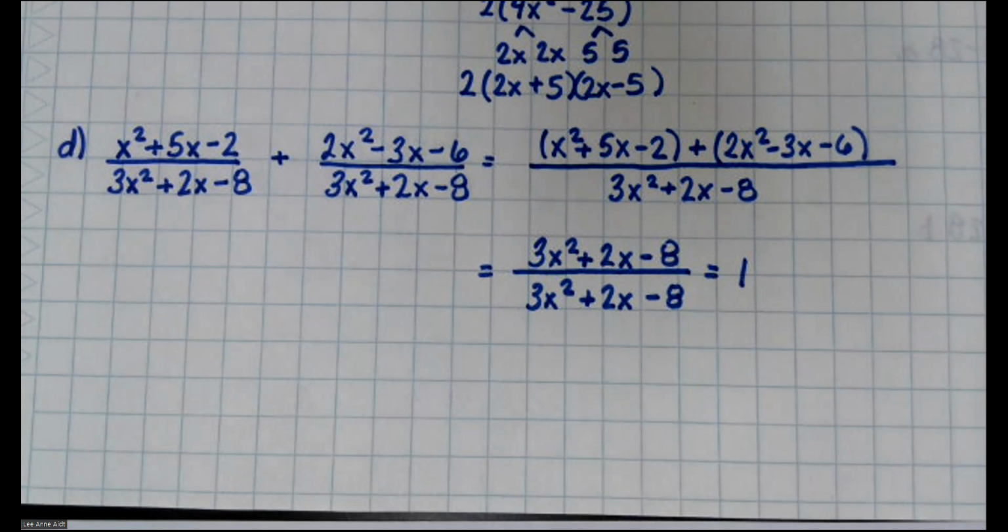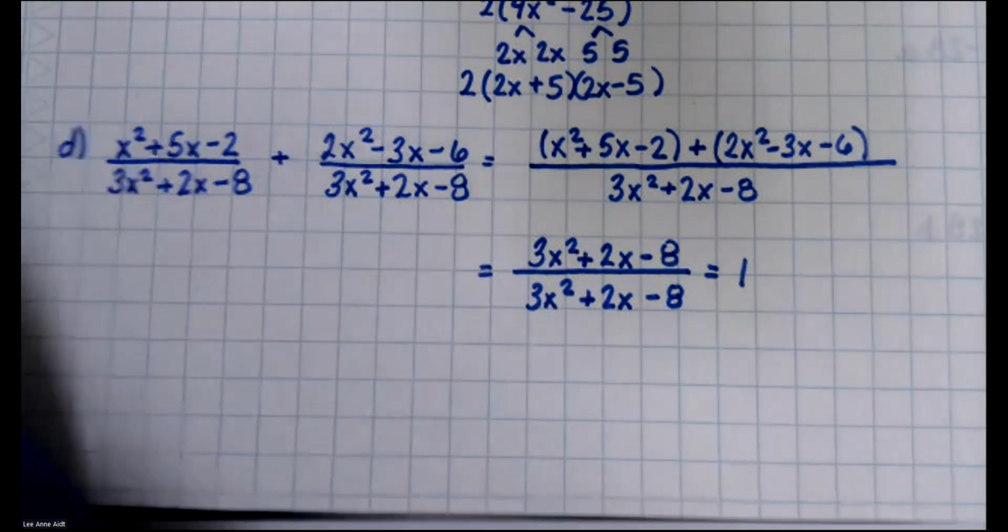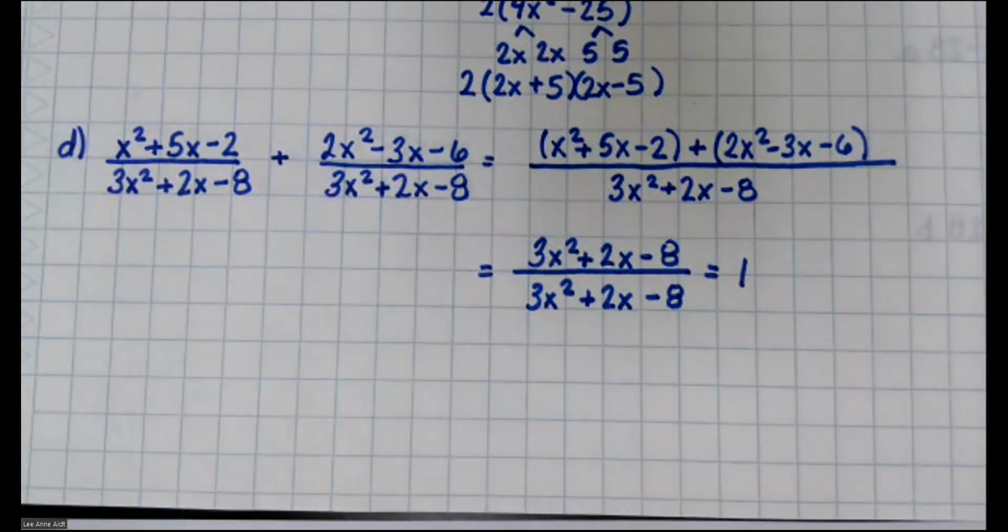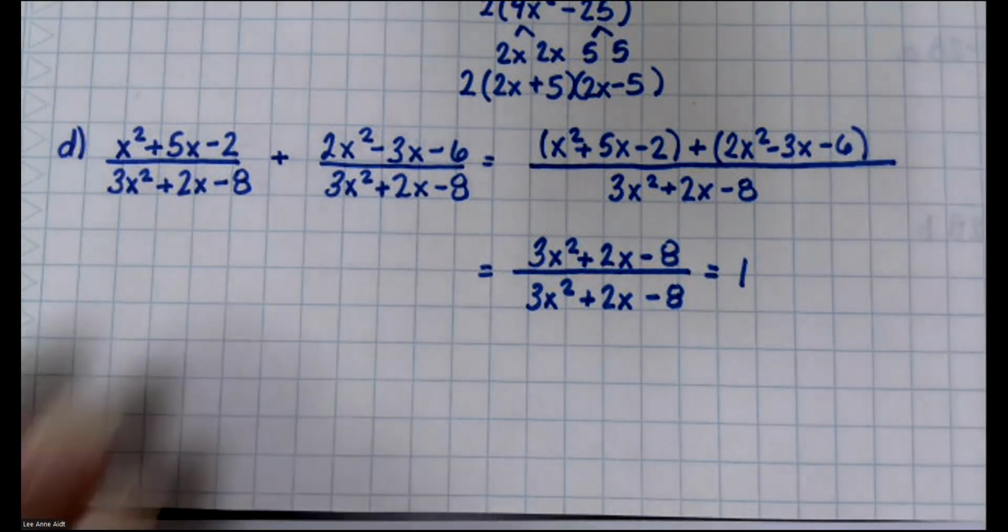Okay, now I need you to take a deep breath because we're going to work on not common denominators. Yeah, there's only 2 of them, and then excluded values, then we're done. Those 2 are not short by any means.